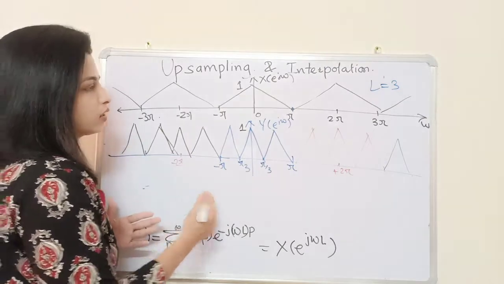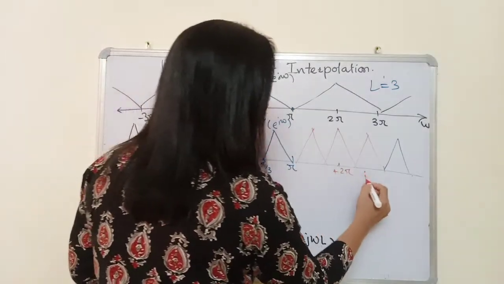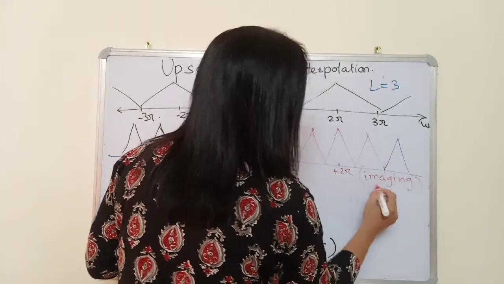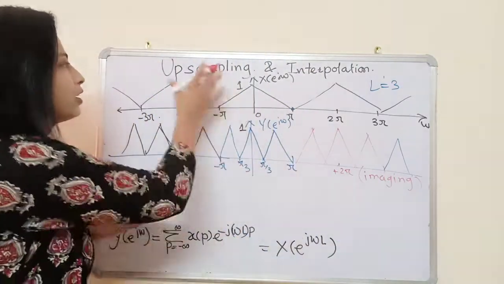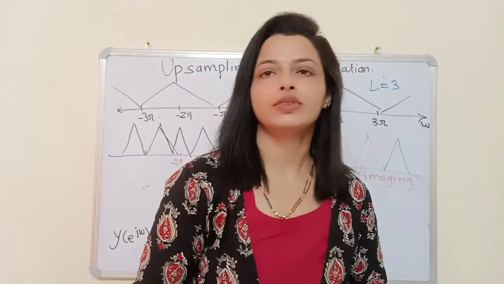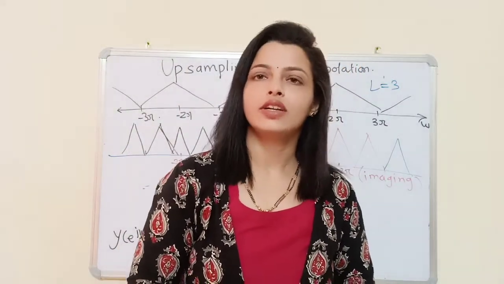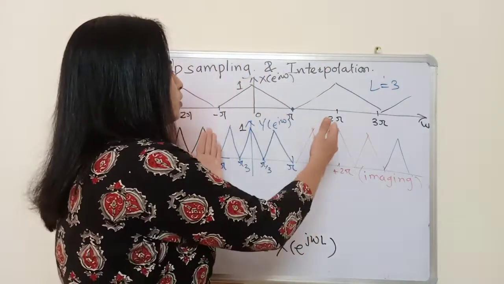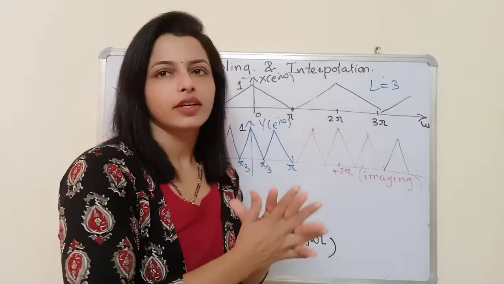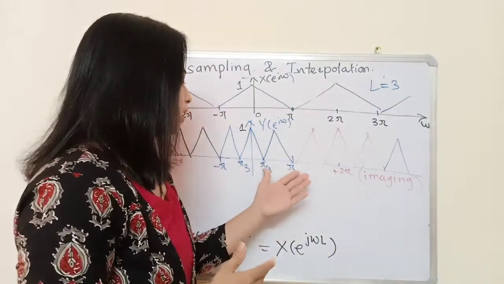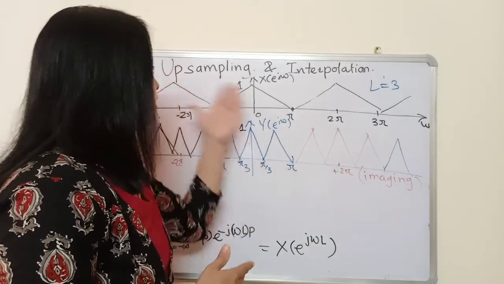Those images are unwanted images. So there is a problem we can call imaging. The problem of imaging occurs in upsampling. We were observing a problem of aliasing in the case of downsampling. What was happening at that point? The images and the original spectrum were mixing with each other, and aliasing was happening in downsampling.